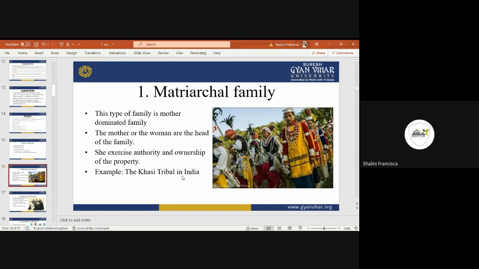Examples: if we talk about the Khasi tribes in India, Khasi, where women have the supreme power in the family and they take all the decisions, all the authority, and they even own the properties.